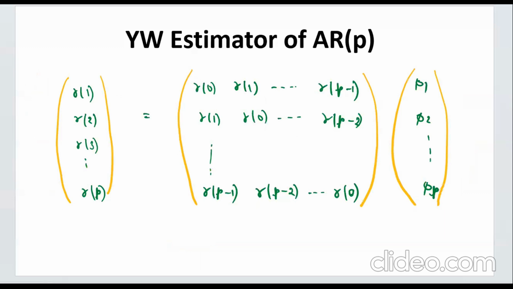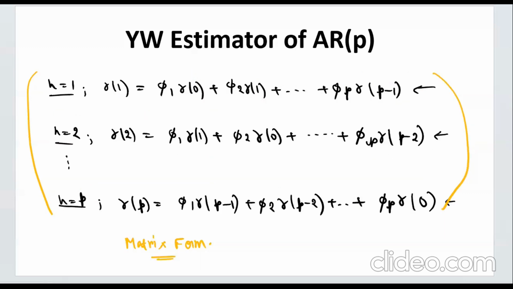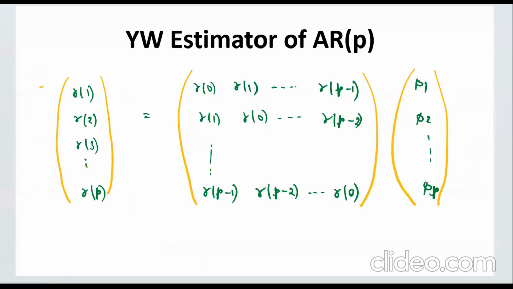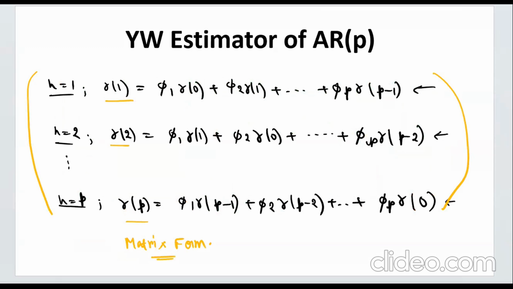This is the matrix, so please see here. This is the vector gamma 1, gamma 2, gamma p, on the left hand side here. In general, we can write this particular vector as gamma curl, and then you have this big matrix, which is composed of these gamma terms.